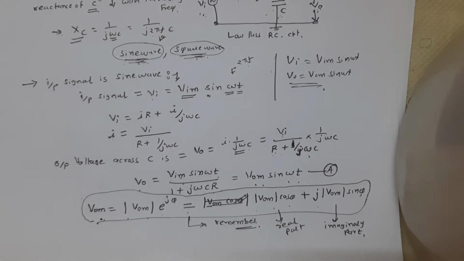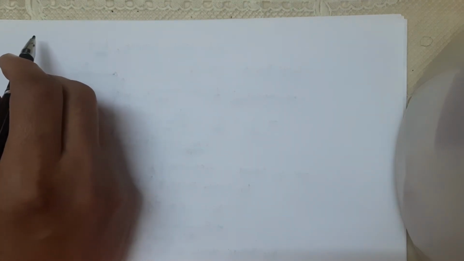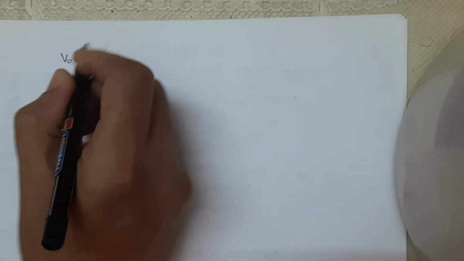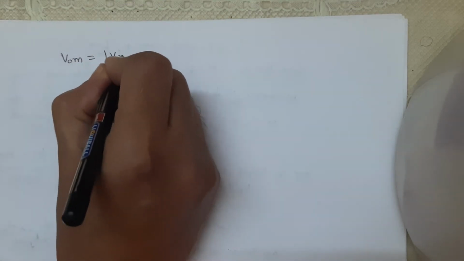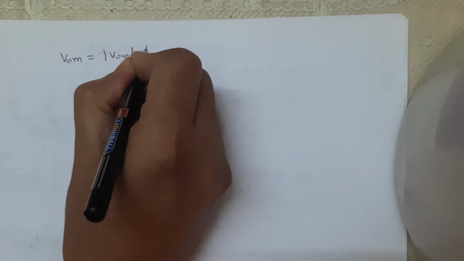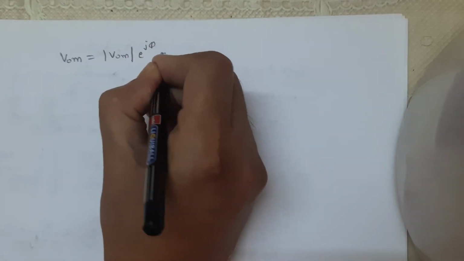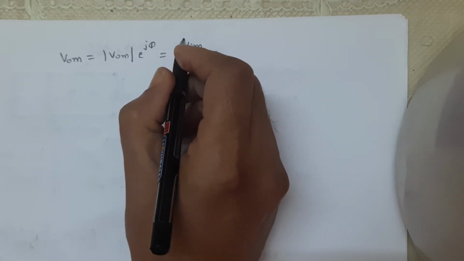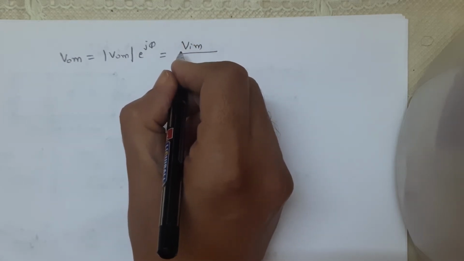That means equation A is written as modulus of Vom e raised to j theta, and this is equal to Vim upon 1 plus j omega CR.